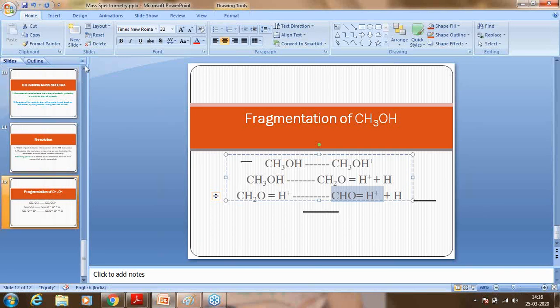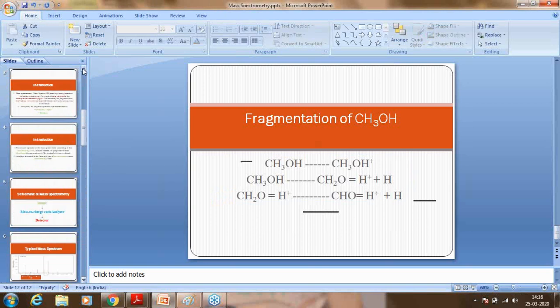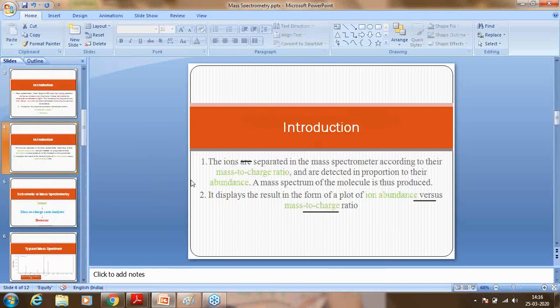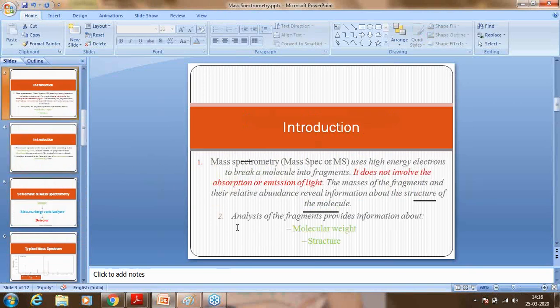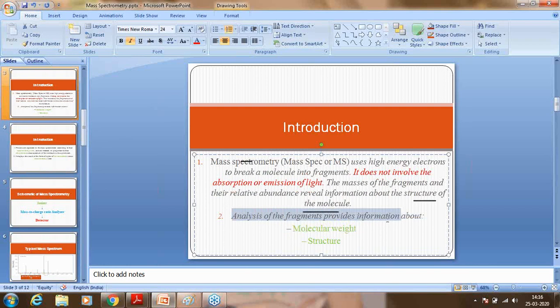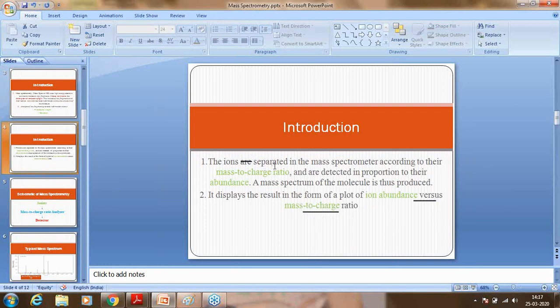Now coming to the introduction. When we analyze the fragments, we will get information about the molecular weight as well as the structure. The ions are separated in the mass spectrometer according to the mass upon charge ratio and are detected in proportion to their abundance.